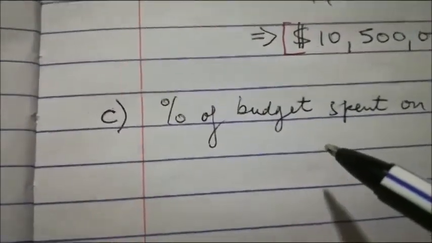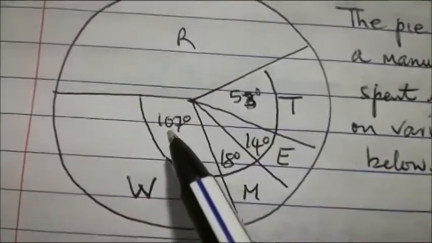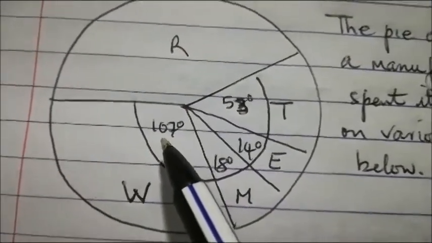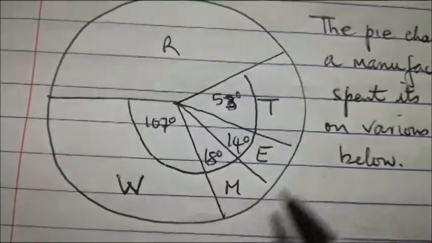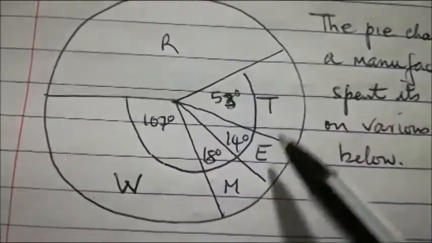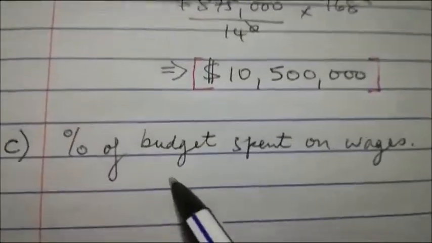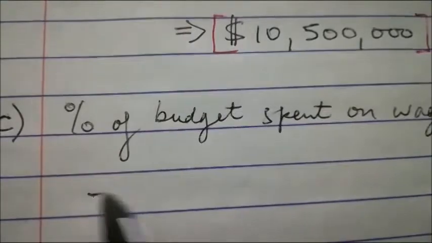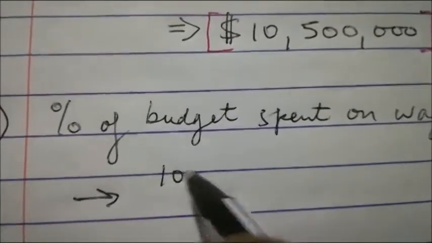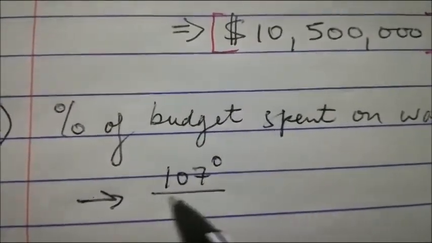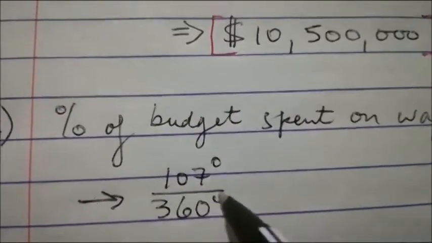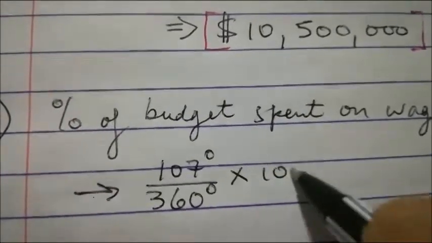Okay, we know that the budget spent on wages is 107 degrees. So what we're going to do, we're going to put 107 degrees over 360. That becomes a fraction or a ratio, and then we multiply that ratio by 100%. So that's going to equal 107 degrees over 360 degrees multiplied by 100%.